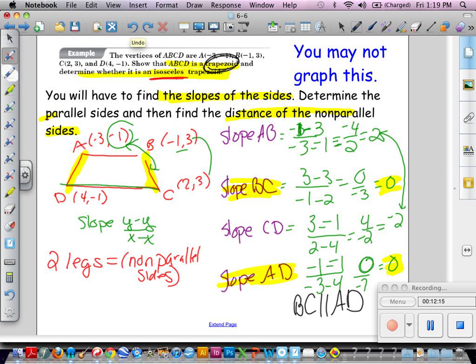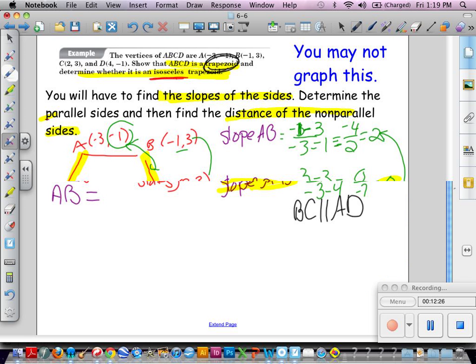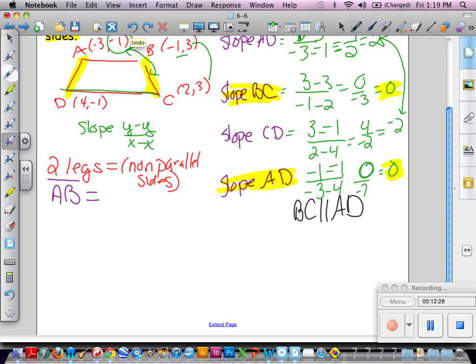Okay, so, well, let's see here. I put AD and BC were the parallel sides, so I need to check AB. I need to find AB's length, and I also need to find CD's length. I need to do the distance formula on that.